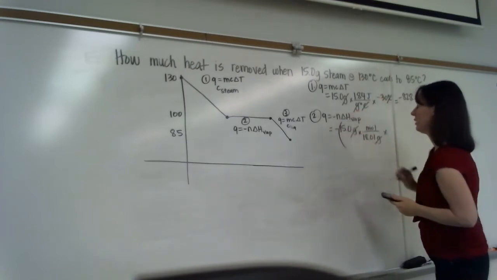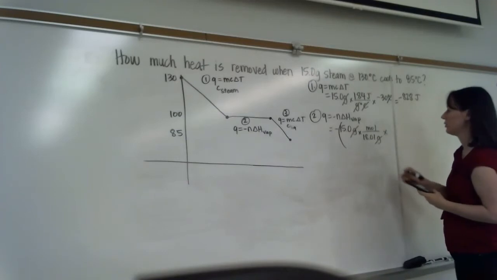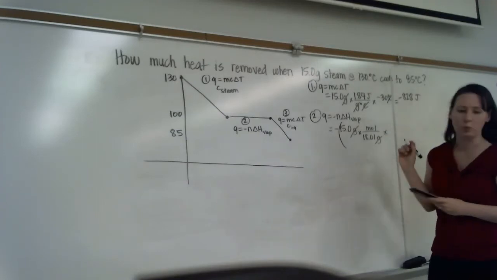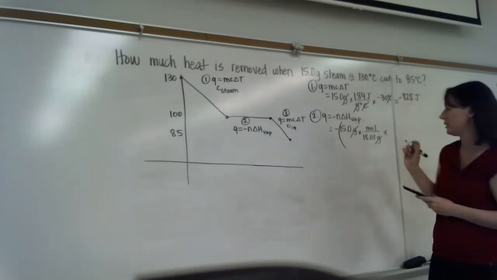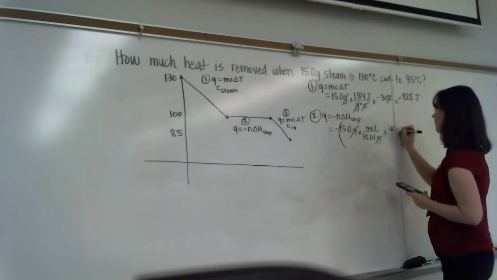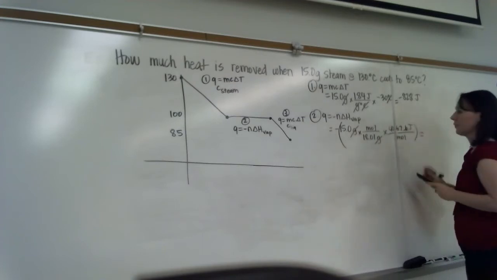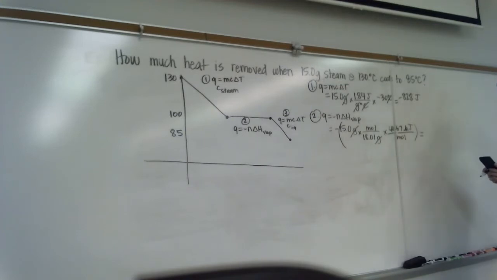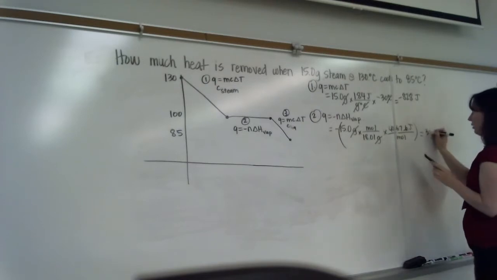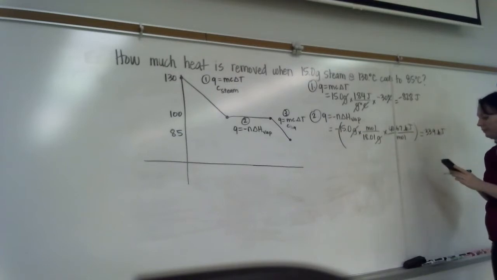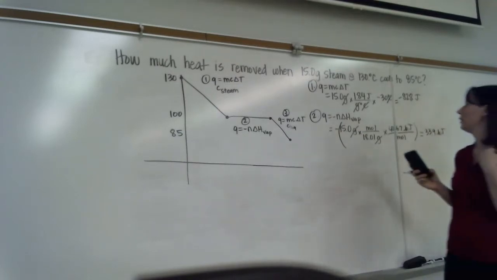You're just taking a negative of the whole thing. So heat of vaporization is 40.67. So 15 times 40.67 divided by 18.01 is 33.9 kilojoules, just rounding to one decimal place.